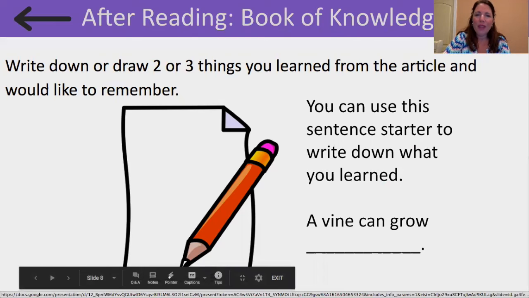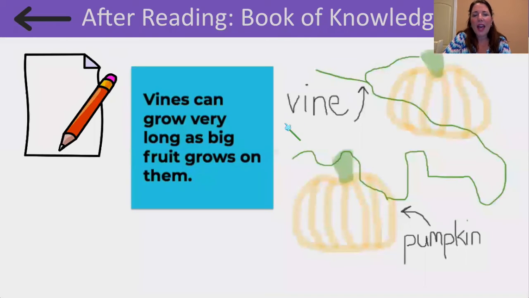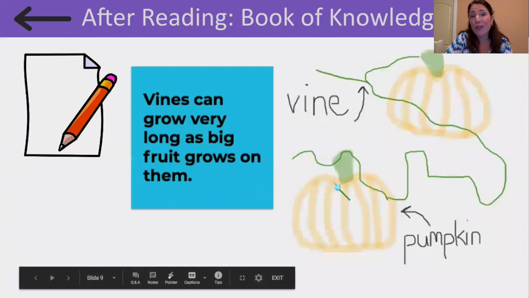So readers, I was thinking about what I learned from this passage, and I was thinking about the vine, and I drew a picture of what a vine might look like as it twists and turns. And I also drew an example of a fruit that grows on a vine. I drew a pumpkin.